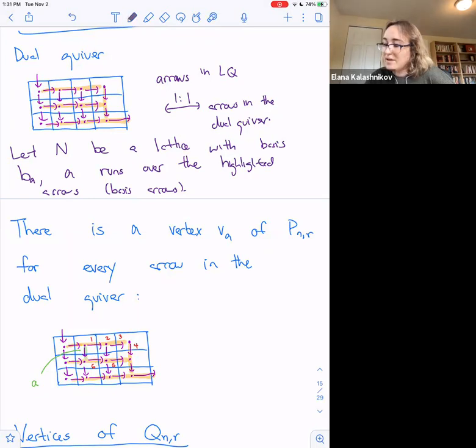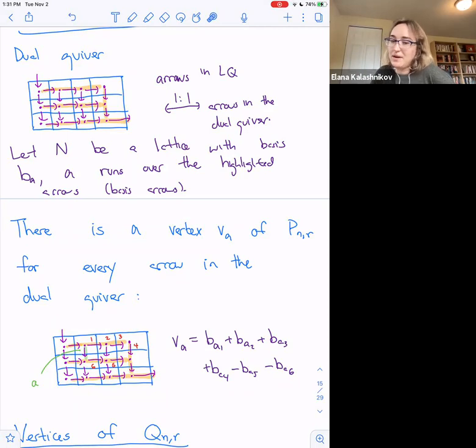And so that means your vertex is the sum b_{A1} plus b_{A2} plus b_{A3} plus b_{A4} minus b_{A5} minus b_{A6}. The negative signs correspond to the fact that you're going backwards along those arrows. If you go through all the arrows in the dual quiver, you just get all of the vertices of P_{n,r}. So now you know how to write down P_{n,r}.